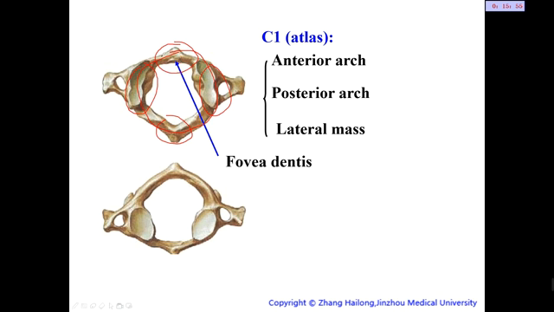And on the back of the anterior arch, there is a fovea dentis. Fovea means a deep pit on the surface of the bone. This is the inferior surface: anterior arch, posterior arch, and two lateral masses.